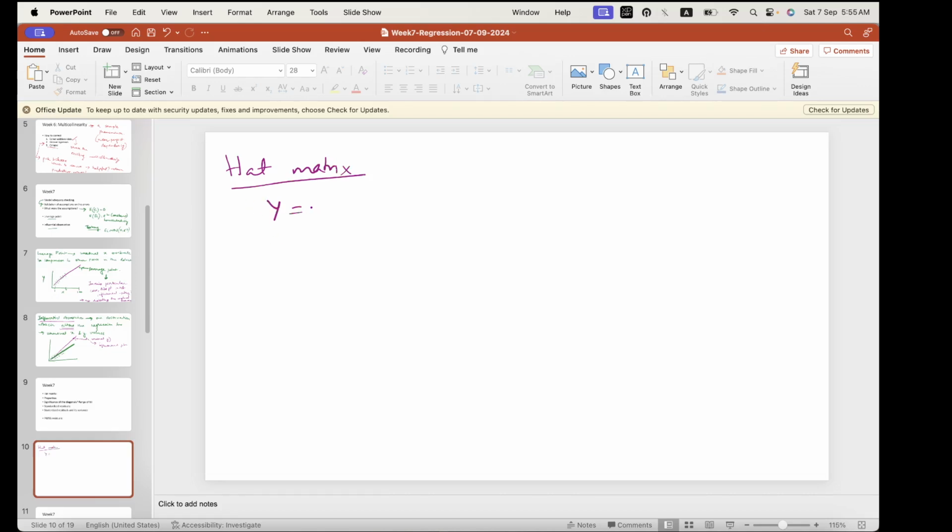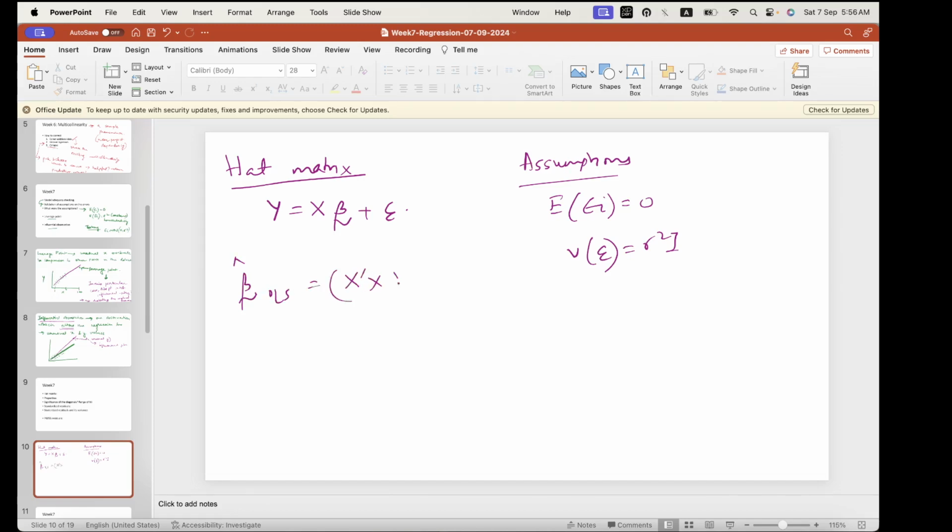If we have the model y equal to X beta plus epsilon, and the assumptions hold true, which are expectation of epsilon equal to 0 and variance of epsilon equal to sigma square I, then we have beta hat OLS as (X transpose X) inverse X transpose y.